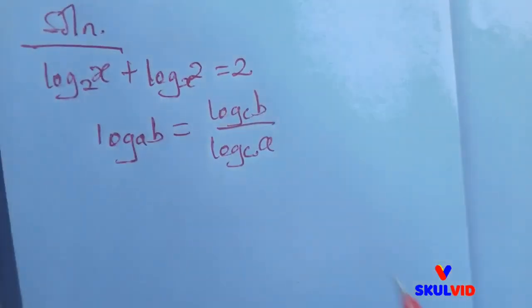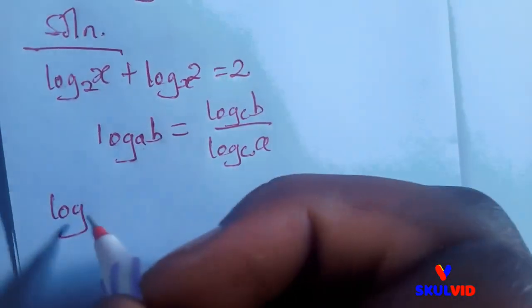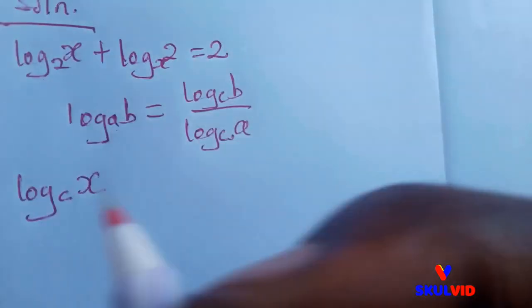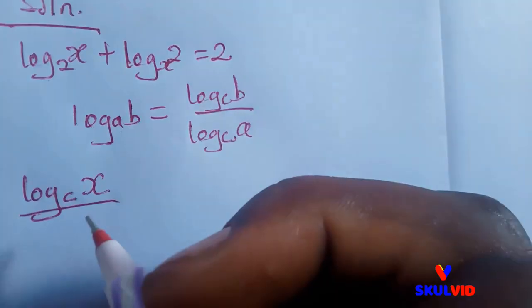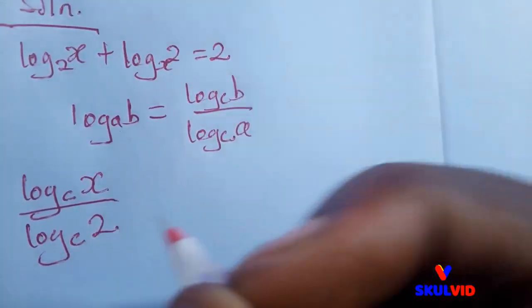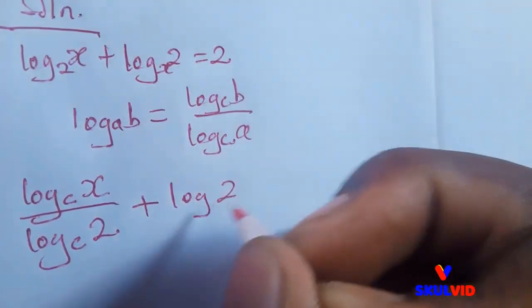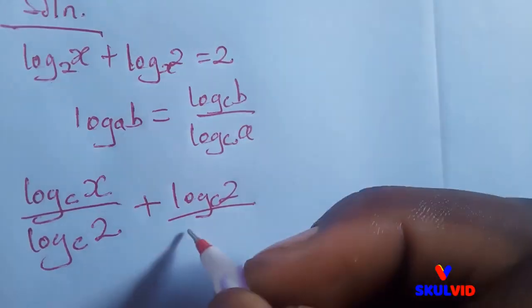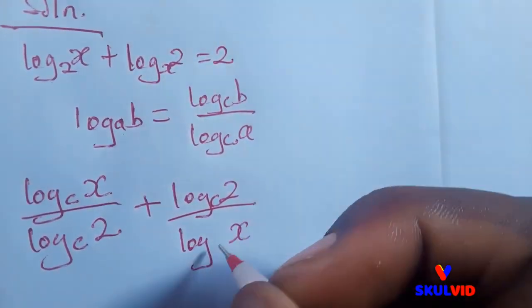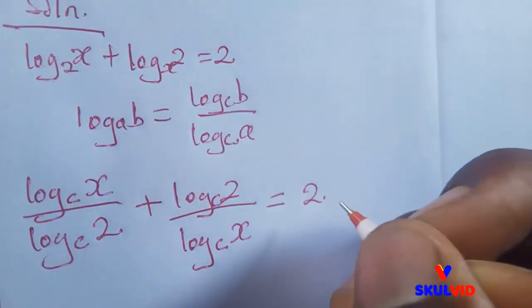So I can write this as log x to base c over log 2 to base c, add log 2 to base c over log x to base c, and is equal to 2.